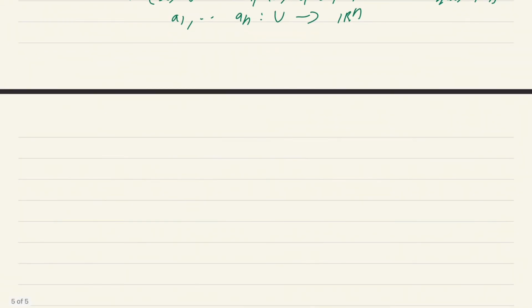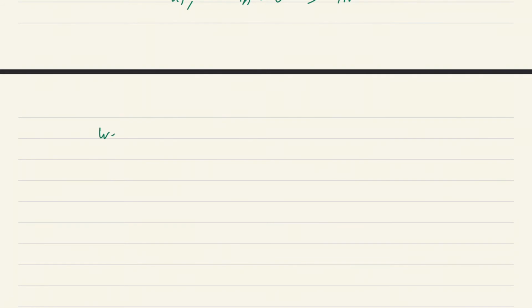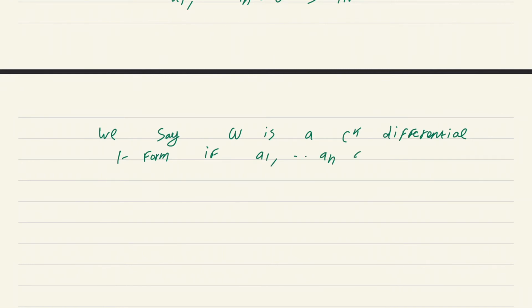So as you can anticipate, we say omega is a Ck differential one form if a1 to an are Ck on U, or Ck smooth.